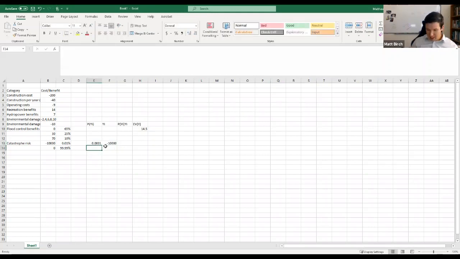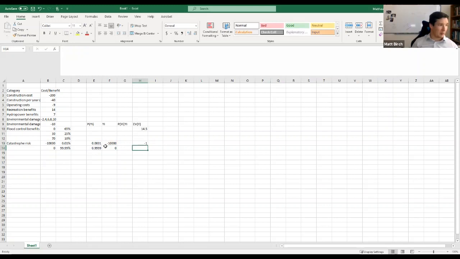Now, the other 99.99% of the time, there are 0 problems here. So what's our expected value? It's equal to the probability of failure times the cost of failure, plus the probability of nothing happening times the cost of nothing happening.